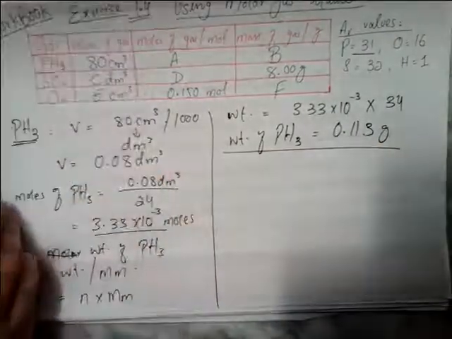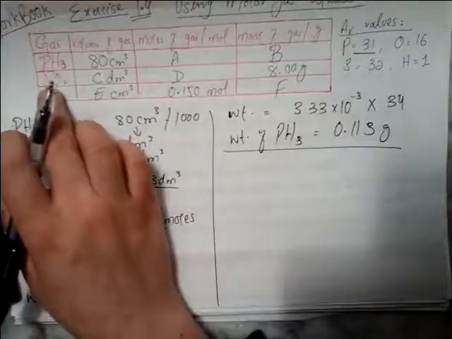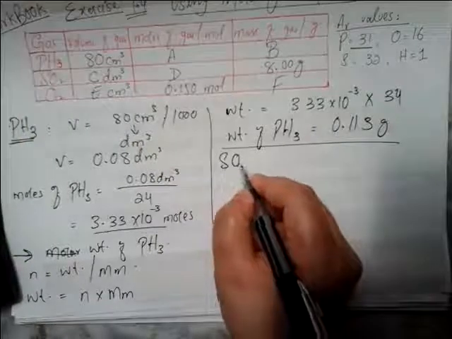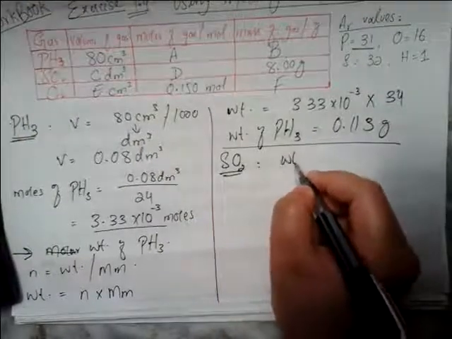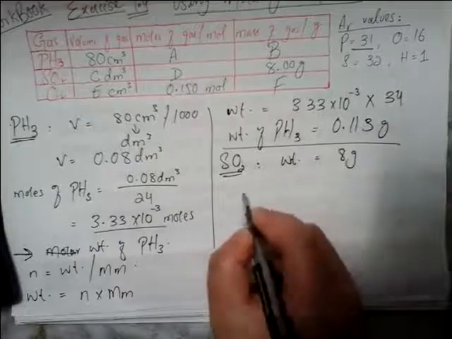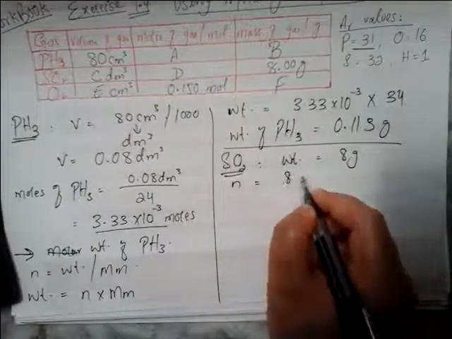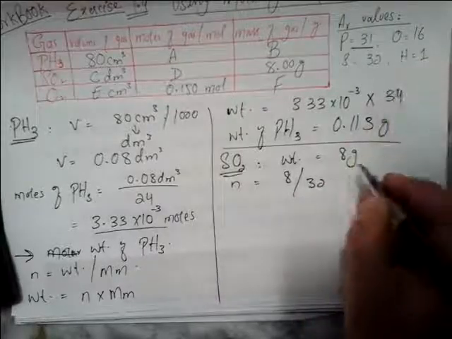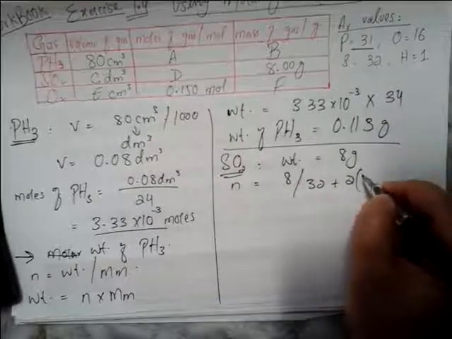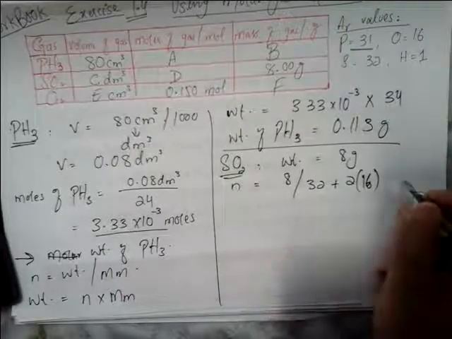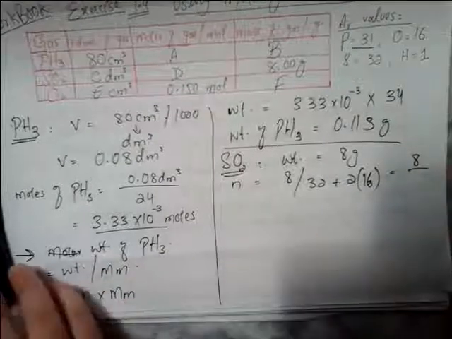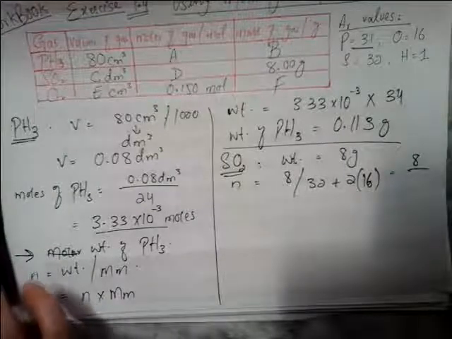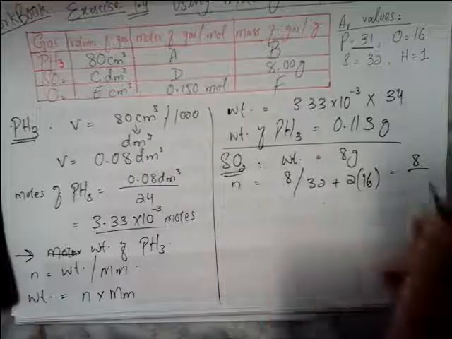Is that clear? In the same case, you can also find sulfur dioxide. For sulfur dioxide, only the weight is given. The weight is 8 gram, so you can find the moles very easily. 8 divided by the molar mass of sulfur dioxide: the mass of sulfur is 32 plus 2 oxygen atoms, 2 multiplied by 16, so that becomes 8 divided by 64.